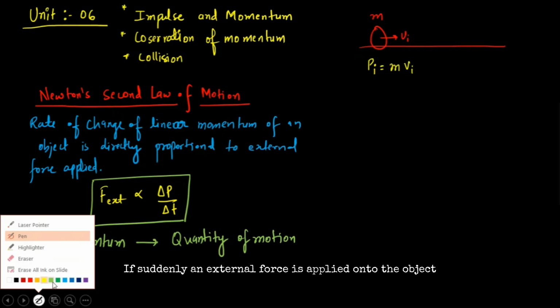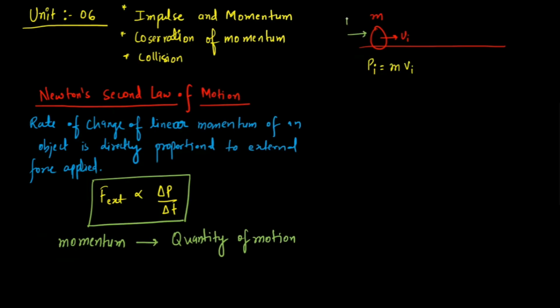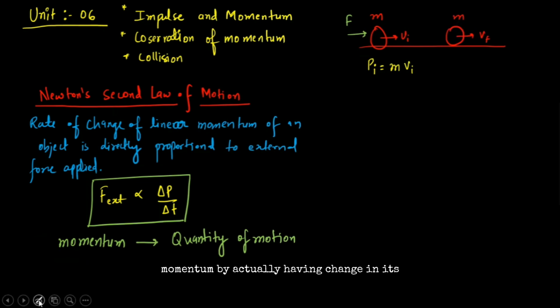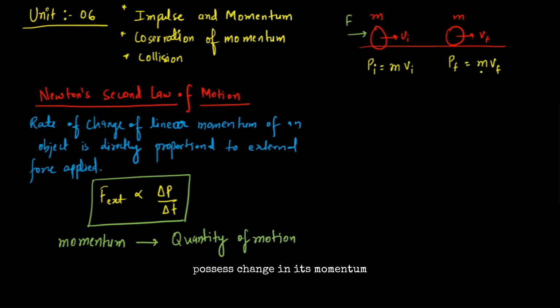If suddenly an external force is applied onto the object in the direction of velocity, we will observe that after the application of the external force, this object might feel some change in its momentum by having a change in its velocity. So here we observed that force is directly proportional to delta p by delta t.